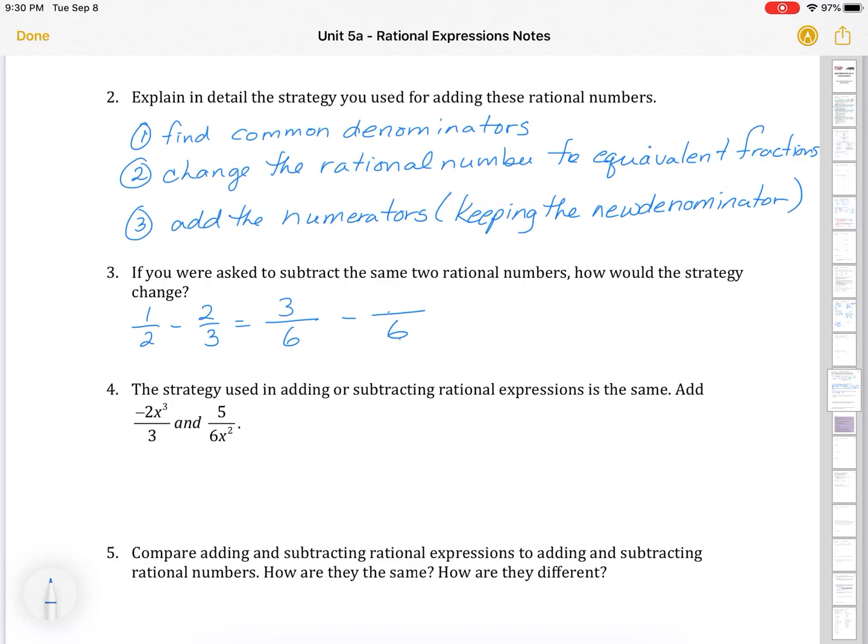The 2/3, I times the 2 by 2 and get 4 there. And then I would subtract. I subtract the numerators, so it'd be negative 1 over 6. So the strategy would change. I just subtract the numerators. Otherwise, it's the same process.